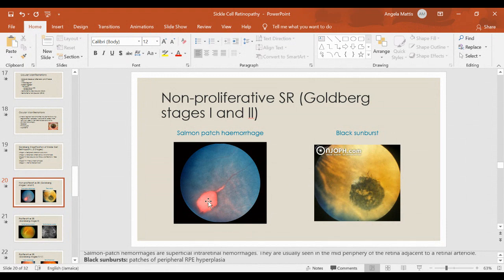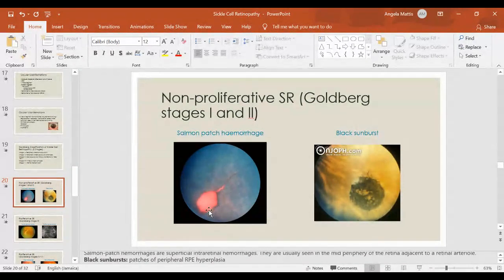So what happens in the progression of these? When an arteriole becomes clogged or occluded by a plug of sickled erythrocytes, you can get a hemorrhage. And this hemorrhage presumably occurs from ischemic necrosis of the blood vessel wall. Okay, and so this is what it looks like. It's round or oval and bright red.